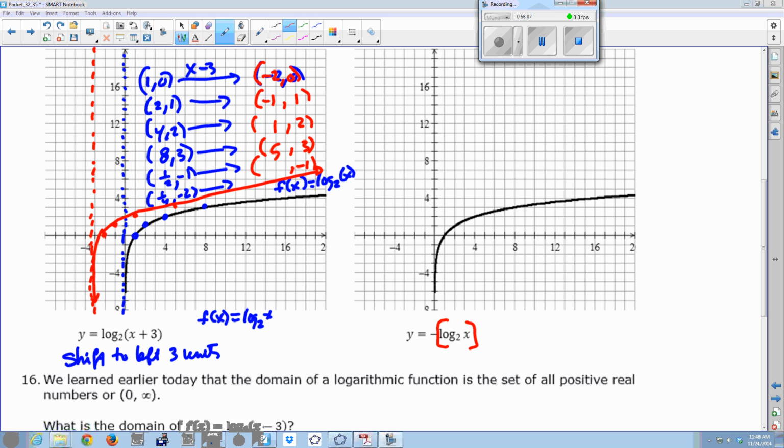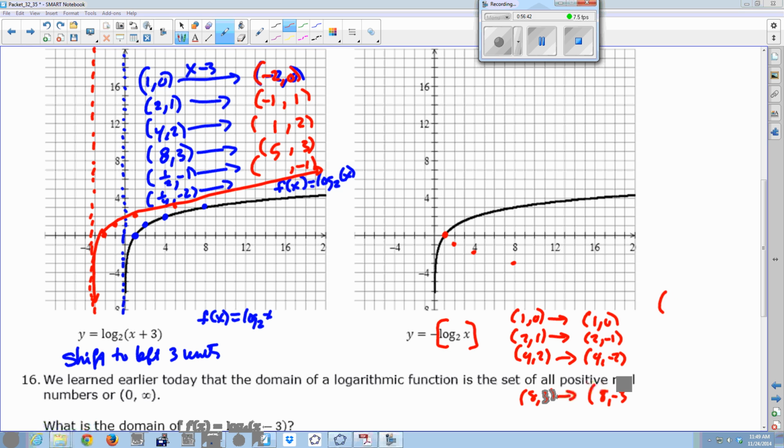Okay, so that means all of these y values are going to change. So if we stick with these same points, (1, 0), (2, 1), (4, 2), (8, 3), and we just flip the y values, well, (1, 0) stays the same on both. (2, 1) becomes (2, -1). (4, 2) becomes (4, -2). (8, 3) becomes (8, -3). And let's see, what else did we have?